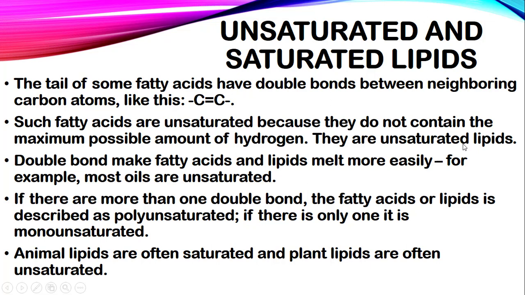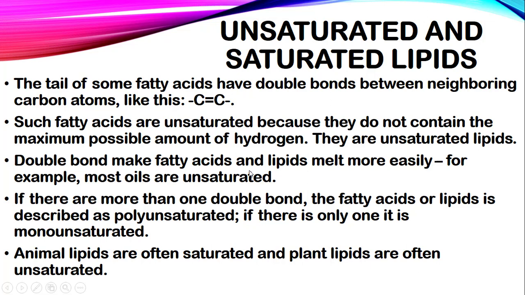Let me tell you one thing over here. Unsaturated fats are much more useful as compared to saturated. Animal fats are said to be saturated, and they lead to heart diseases and coronary heart diseases, and high blood pressure, etc. Unsaturated fat readily dissolves in the body and is less likely to develop heart diseases.